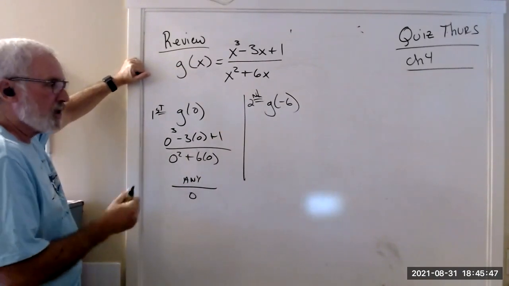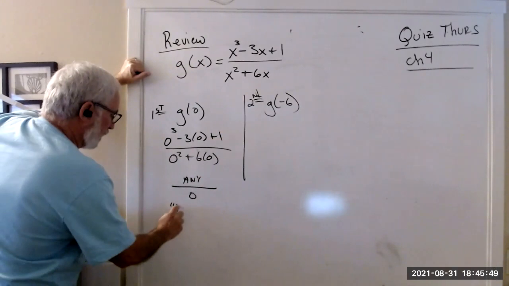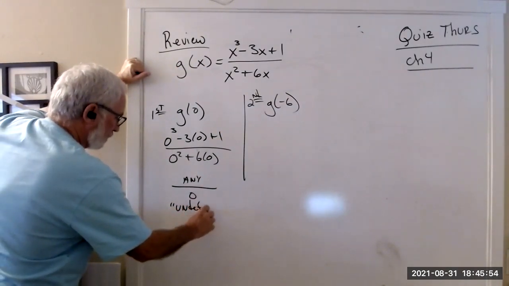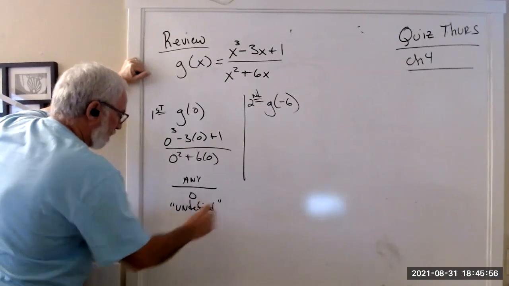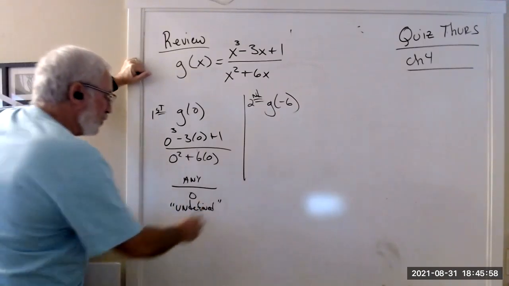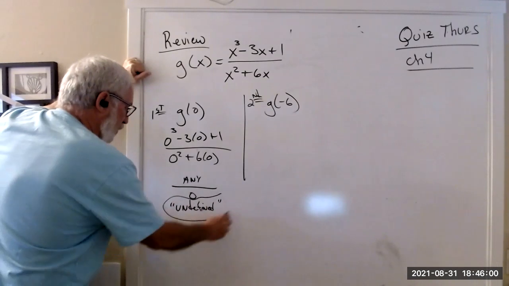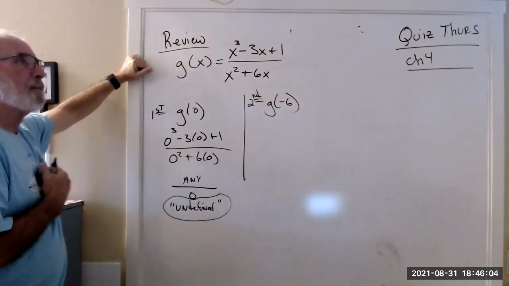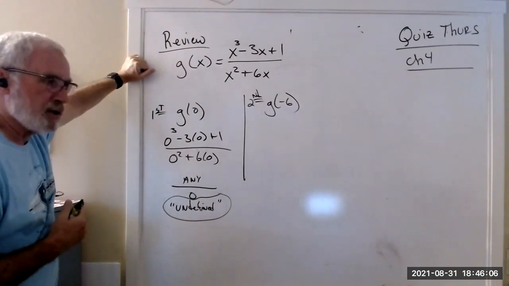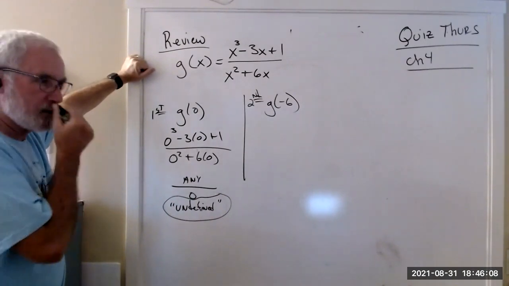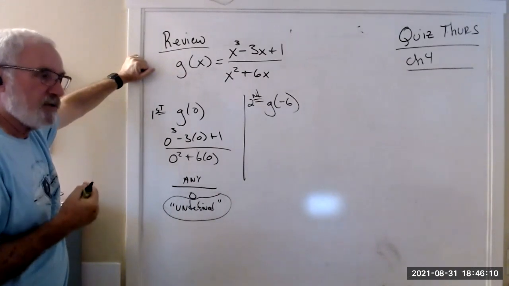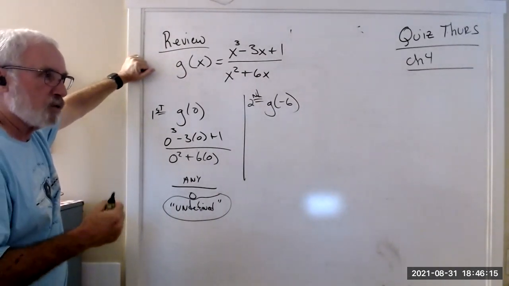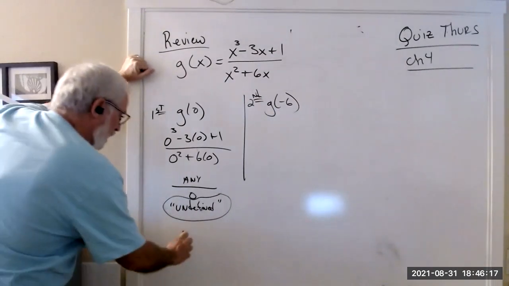So a 0 denominator is technically called undefined. However, when I introduced this last week, I also said that MOM does it differently. And there was a question on the quiz that said, if the fraction is undefined, write DNE.